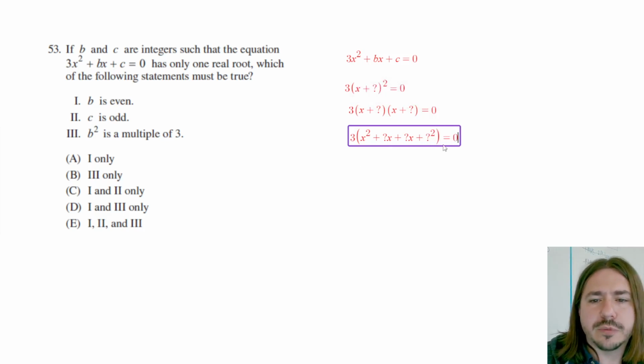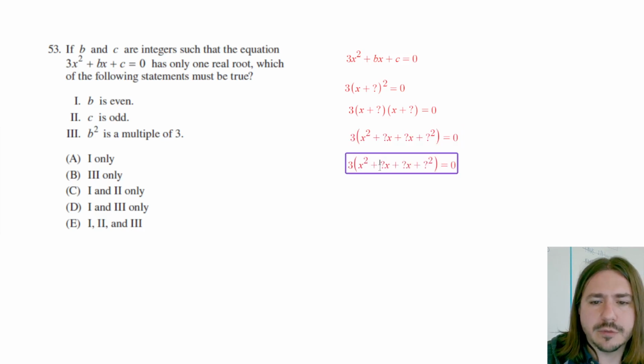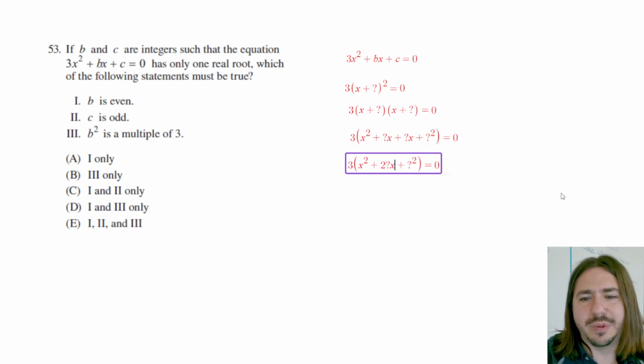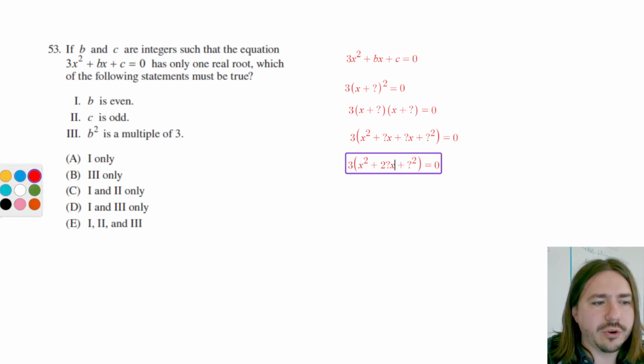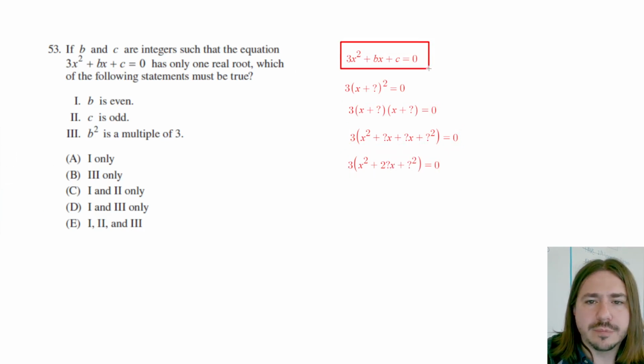So these two middle terms are like terms, so I can go ahead and combine them. So this would be plus 2 question mark x plus question mark squared. Now if I want it to look like the original equation up here, I'm going to have to multiply that 3 back in.